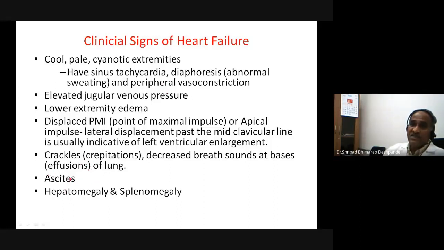Abdominal examination reveals ascites, that is, the presence of fluid in the peritoneal cavity, and also an enlarged liver and enlarged spleen. These are some of the clinical signs of heart failure.